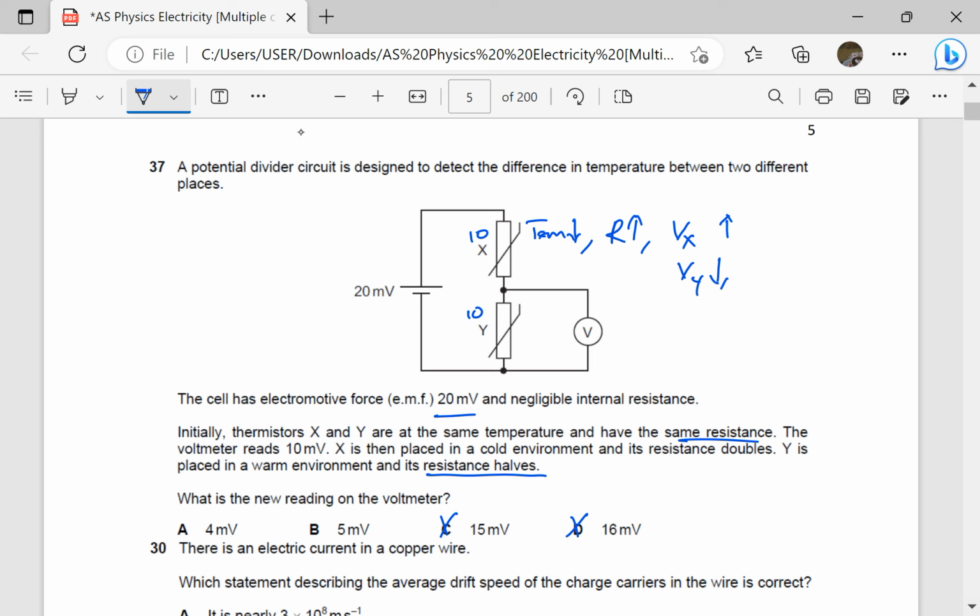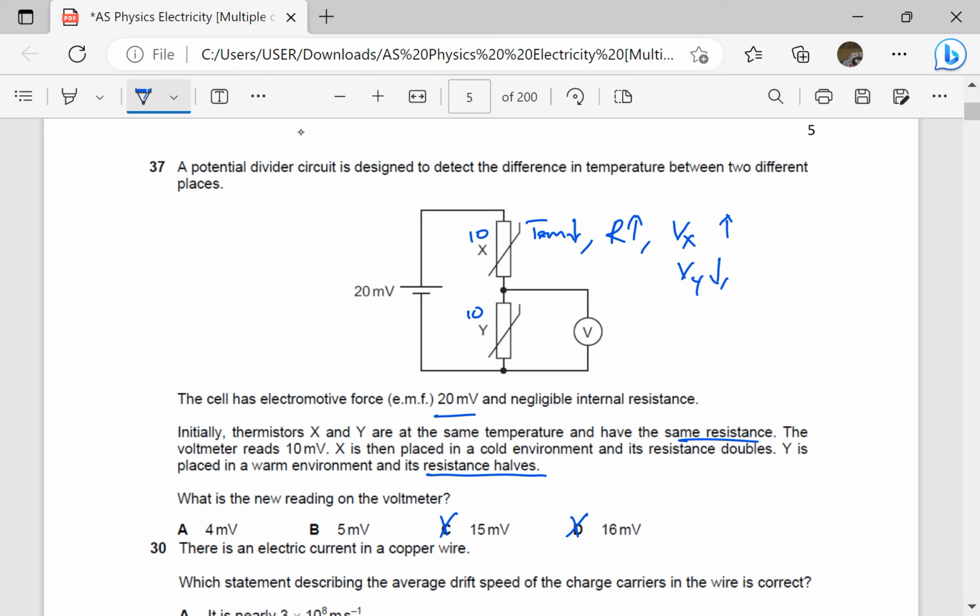The voltmeter reads 10 millivolts. X is then placed in a cold environment and its resistance doubles. So the resistance of X is double, so we shall say the resistance of Y is halved.